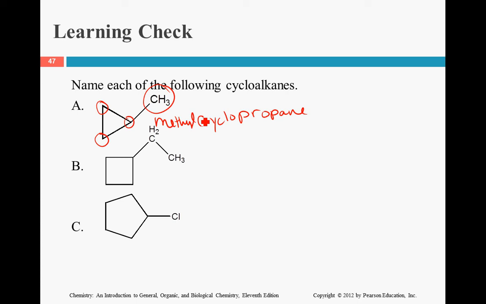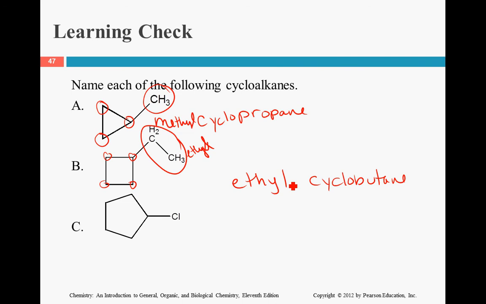Part B. Our longest chain is 1, 2, 3, 4. So it'll be cyclobutane. This is our substituent, 2 carbons. That makes that ethyl. There's only one substituent, so we don't have to worry about numbering. So it's just ethylcyclobutane. And then finally, 1, 2, 3, 4, 5.